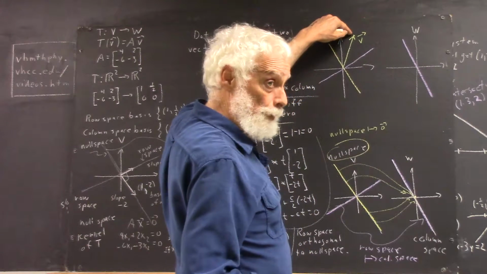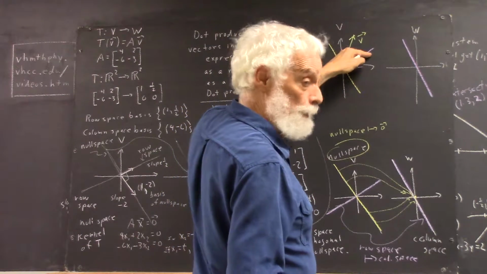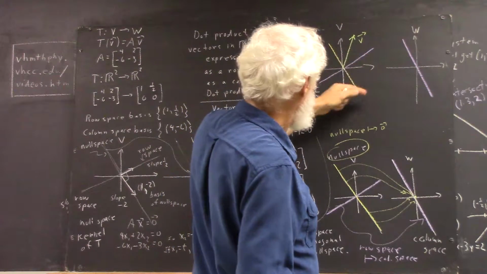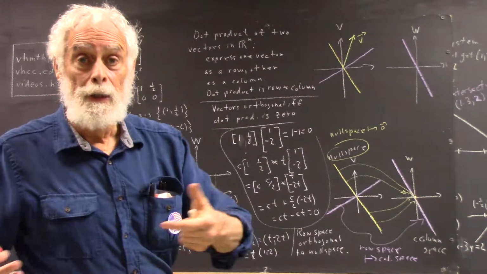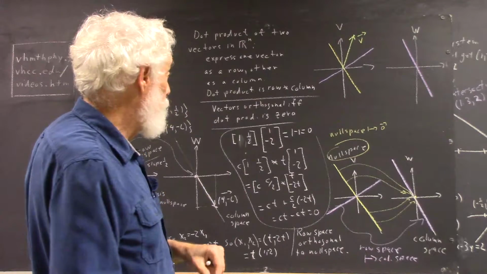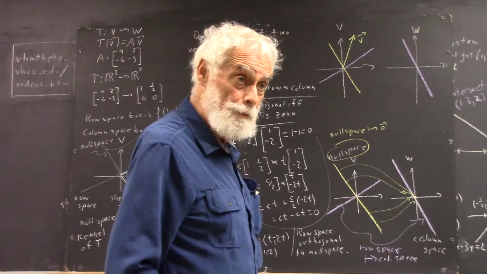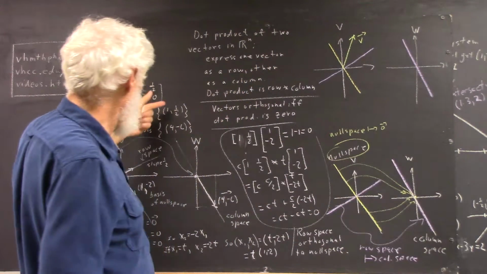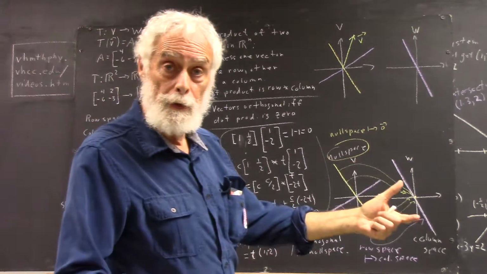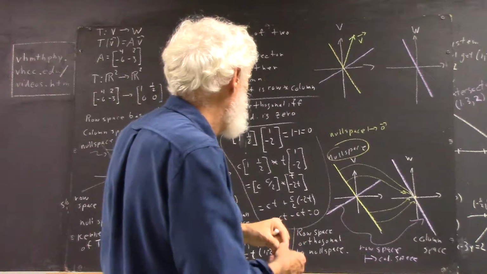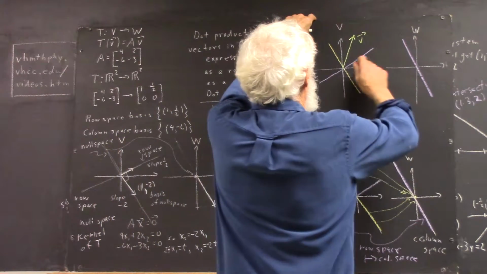This vector can be expressed as a sum of a vector in the row space and a vector in the null space, can it? Matter of fact, the row space and the null space, in this case, form a basis, don't they? The basis of the row space together with the basis of the null space is a basis for all of R2.